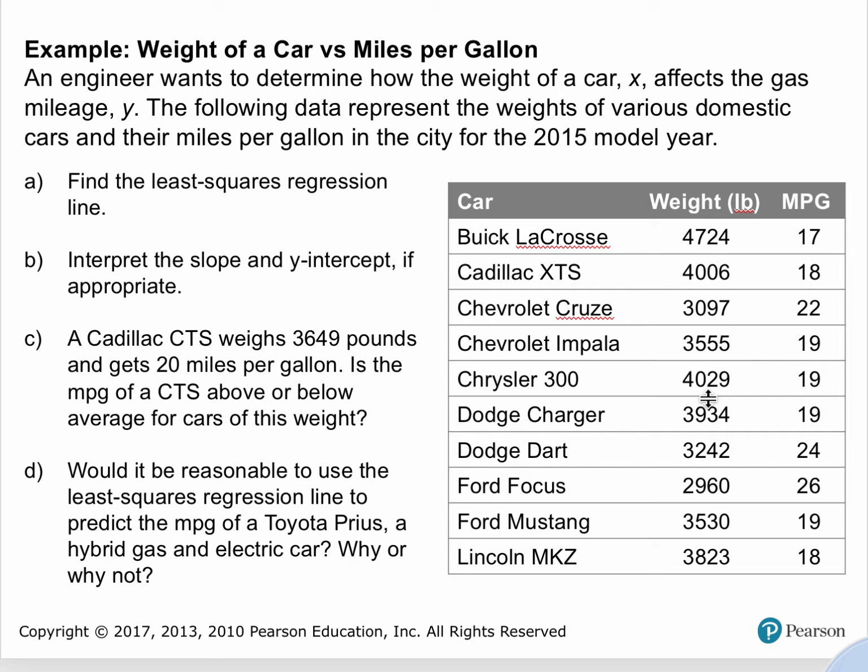Okay, and so it gives me my A and my B, so I can just get my Y hat: negative 0.0047, that's rounded to 4 decimal places, X plus 37.3569.